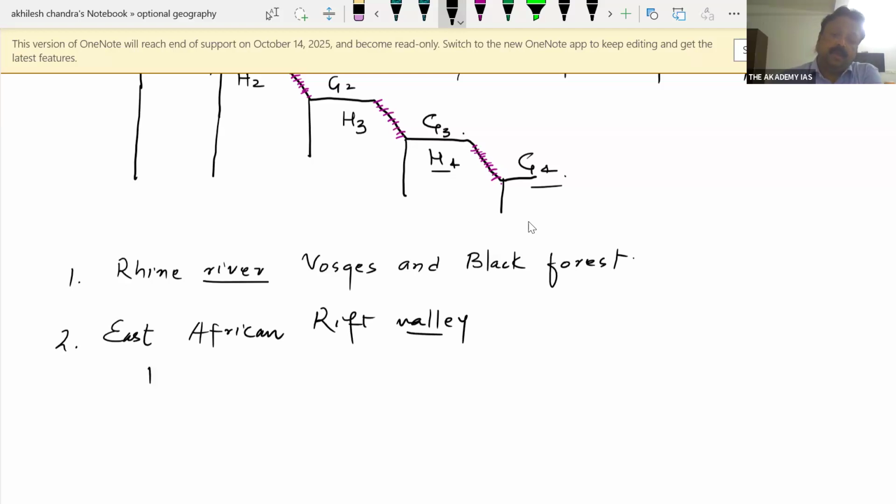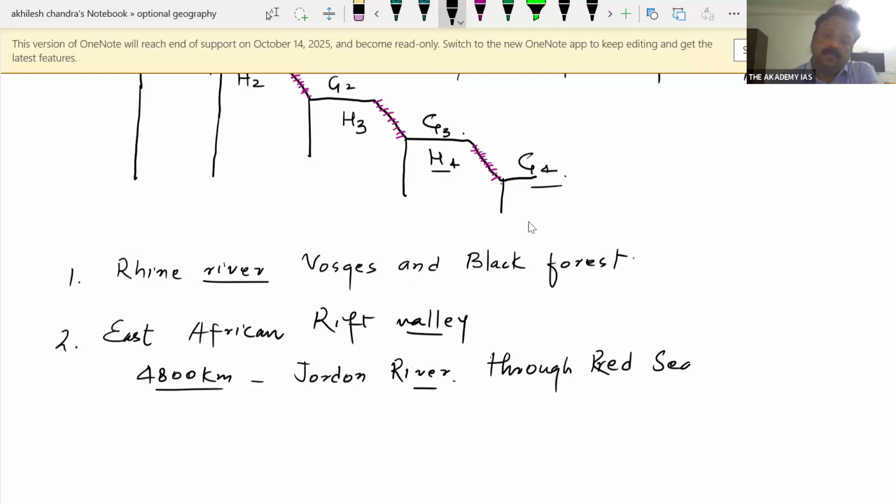It is almost 4,800 kilometers, starting from Jordan River Valley through Red Sea, entering Africa, and up to Zambezi.